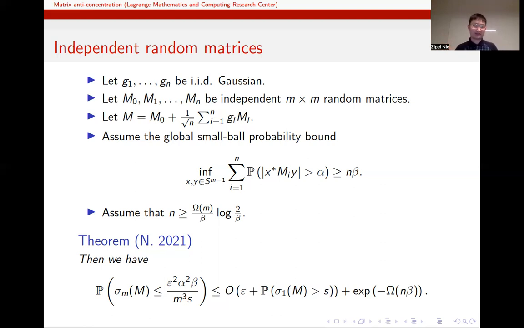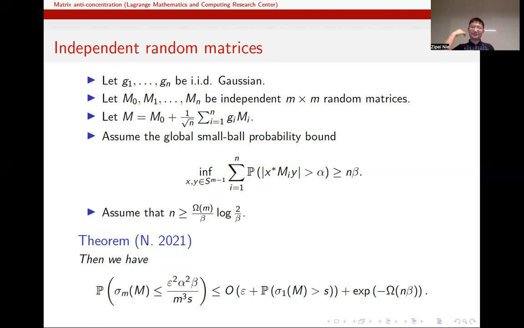The way to prove this result from our previous results is a variation of the epsilon net theorem. Let the small ball probability bound define several learning concepts of the matrix. Then by sampling those matrices independently, they should form a so-called epsilon net.